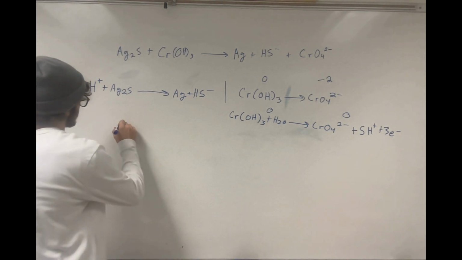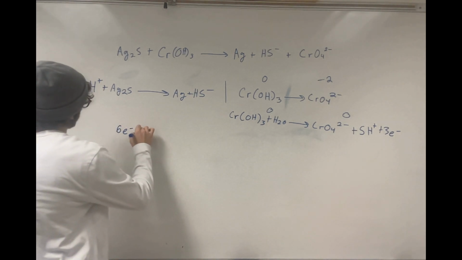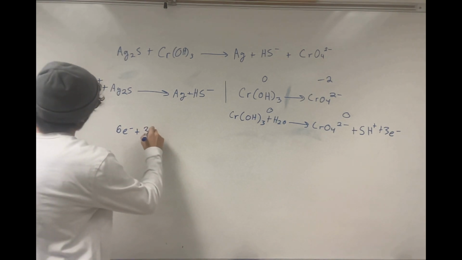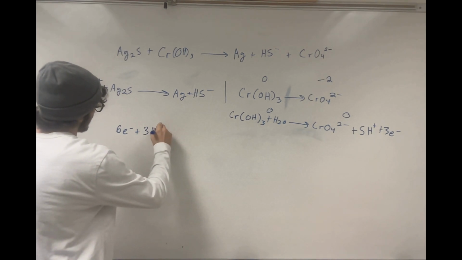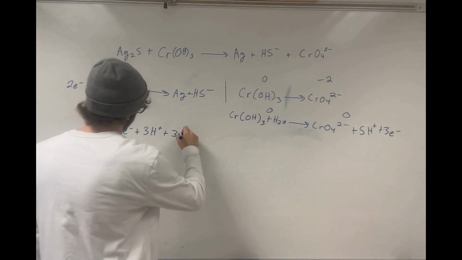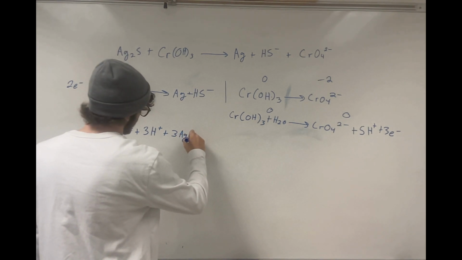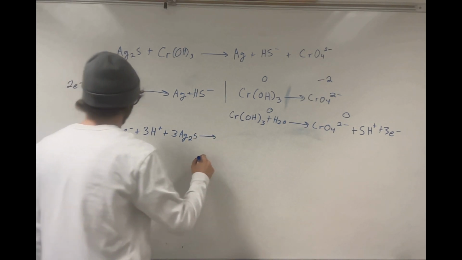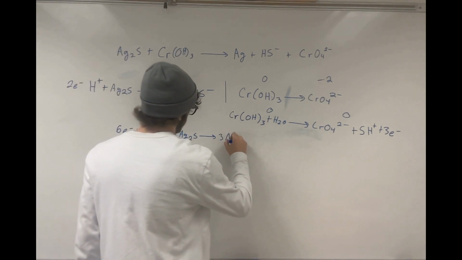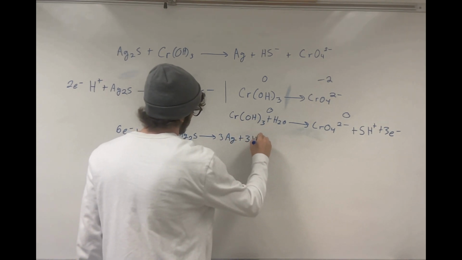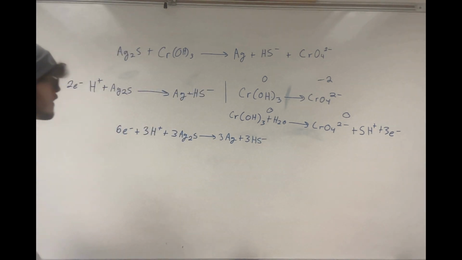So I'm going to say that 6 electrons plus 3 hydrogens plus 3 of the silver sulfide is going to yield 3 silvers and 3 hydrogen sulfides. Okay, so that's our first reaction there.